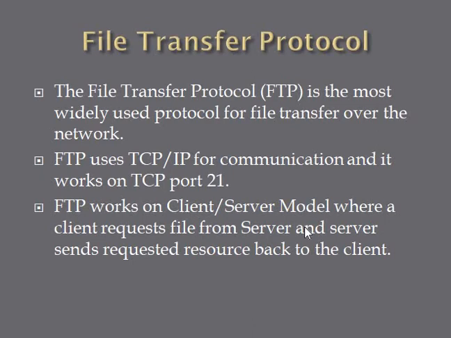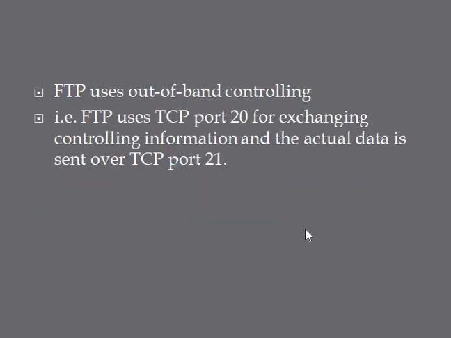FTP works on the client-server model where the client requests a file from the server and the server sends the requested resource back to the client. FTP uses out-of-band control, that is, FTP uses TCP port 20 for exchanging control information, and the actual data is sent over TCP port 21.